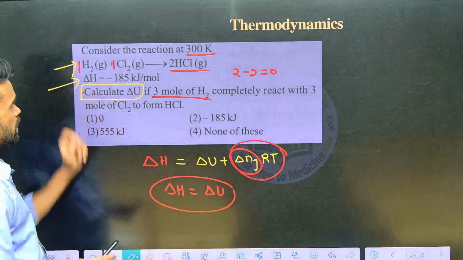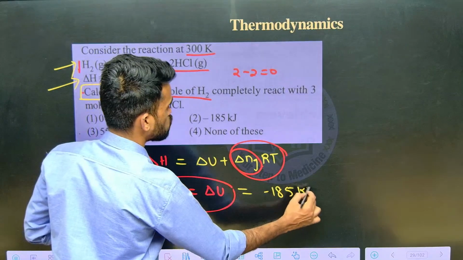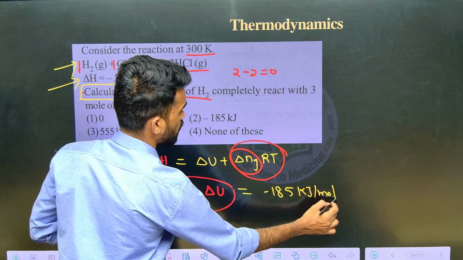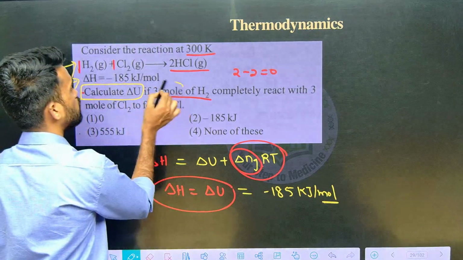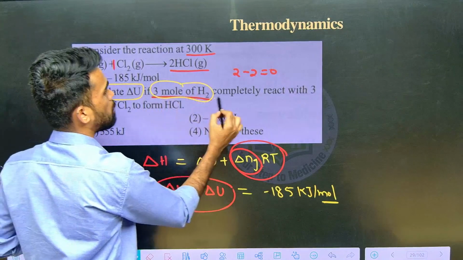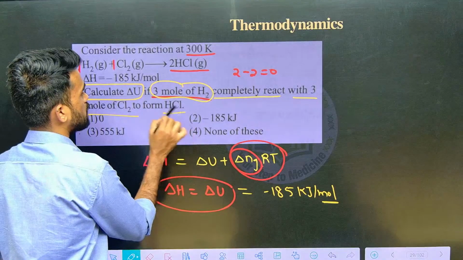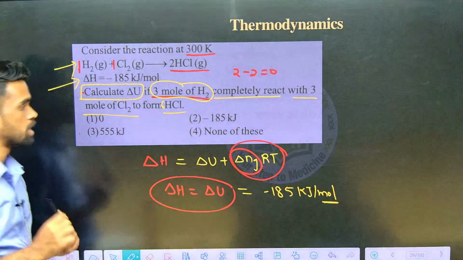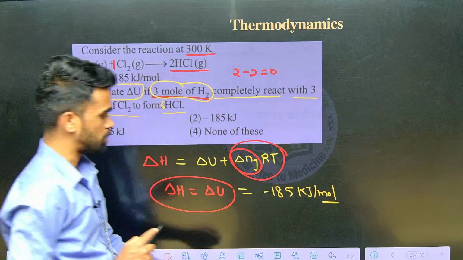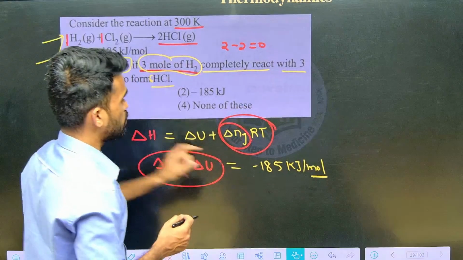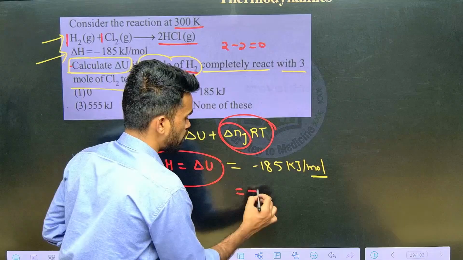It is simple. So this is done. Now how much value have they mentioned? This is equal to minus 185 kilojoule per mole, for 1 mole. Now they are asking for 3 moles of H2 completely reacting with 3 moles of Cl2 to form HCl. How many moles of HCl form? 6 moles, because for 1 mole it forms 2, for 3 moles it will form 6. So for 3 moles, multiply by 3.